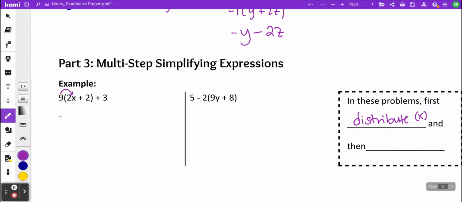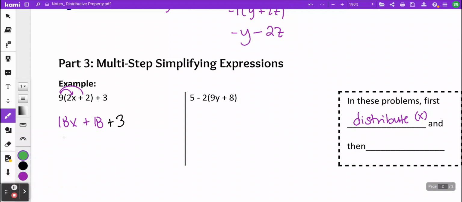That means I would get 18x plus 18. What do you think? Am I multiplying my 3? I'm not. I'm not multiplying that 3 because we said we distribute to what's inside parentheses. This is not inside the parentheses, so I'm just going to copy that down. That part right there in purple, that's my first step.